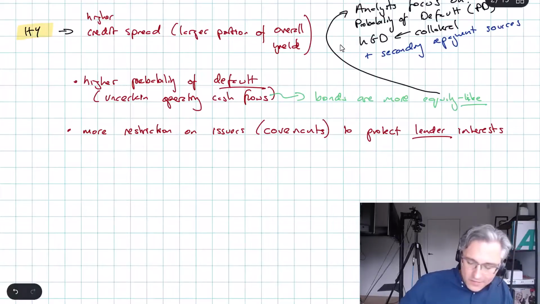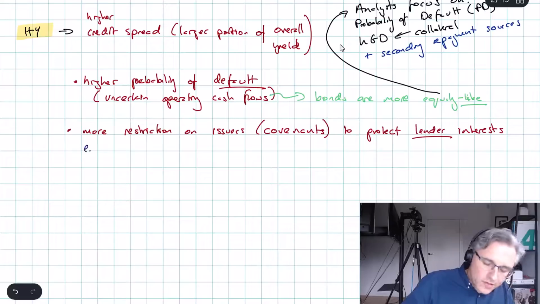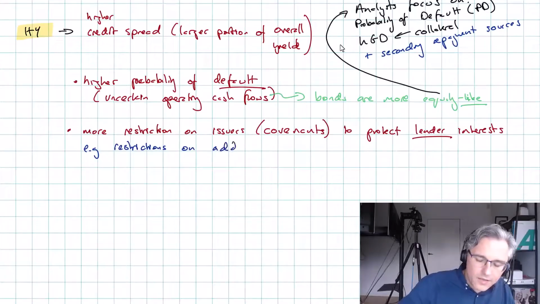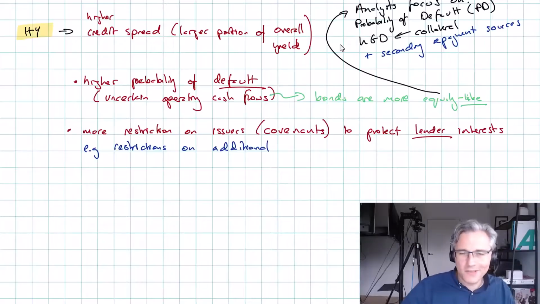And an important restriction is going to concern, for example, additional debt, restrictions on the ability of the company to take on additional debt, because the more debt you've got, the more lenders queue up in the case of default to see something from the assets.